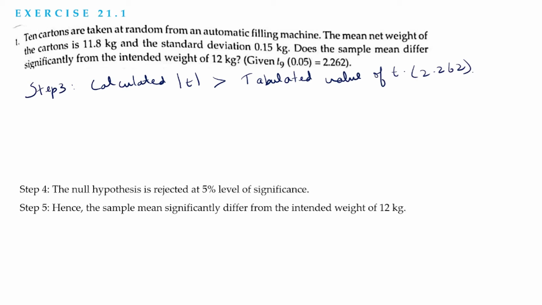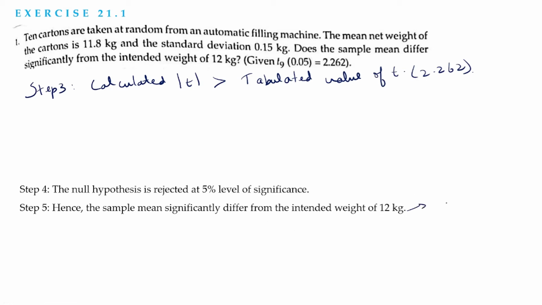So we have the conclusion. So the step 4 is the null hypothesis is rejected at 5% level of significance. So on the last step we have the result, fifth step, it means the sample mean differs significantly from the intended weight of 12 kg. So the last step, hence the sample mean significantly differ from the intended weight of 12 kg.